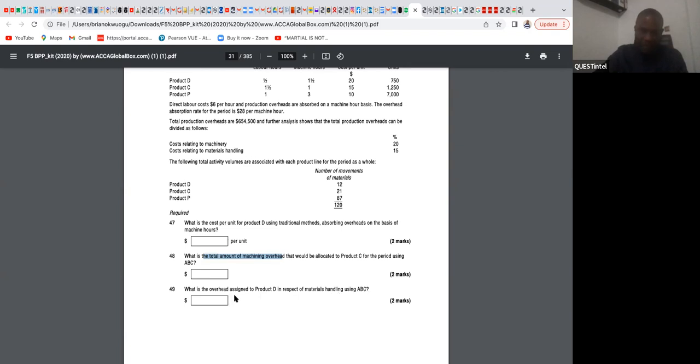Is that in total terms or per unit? They didn't specify, so it should be in total terms. If it's in total terms, it's too simple.